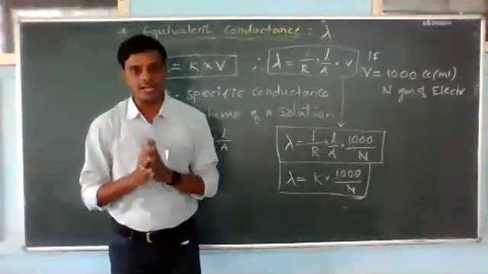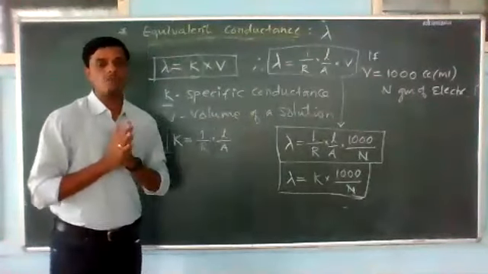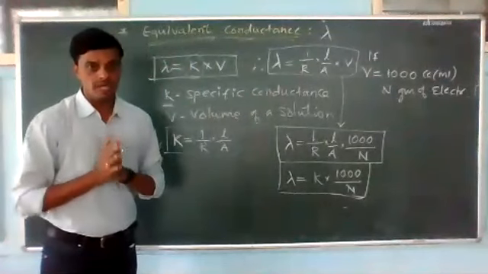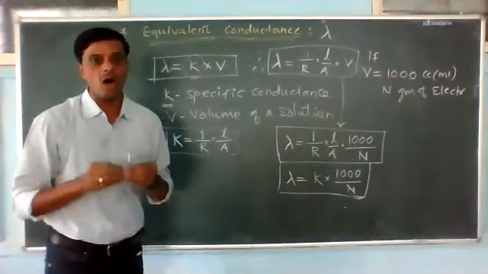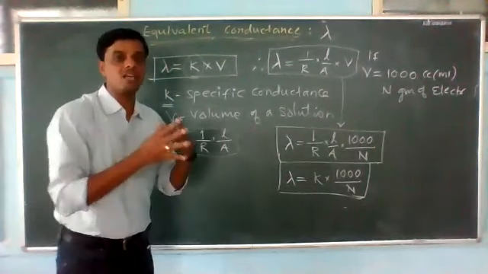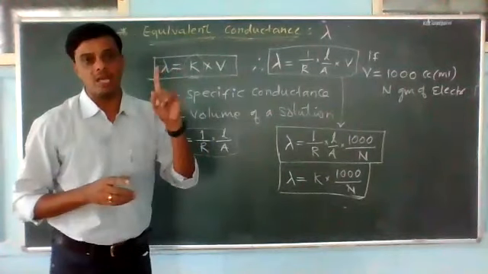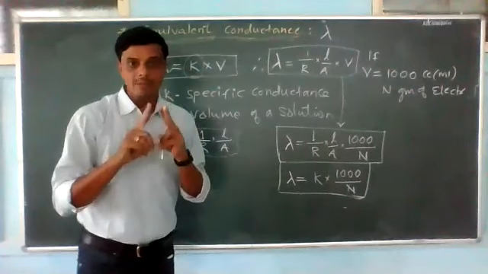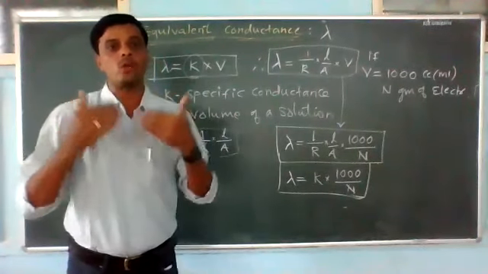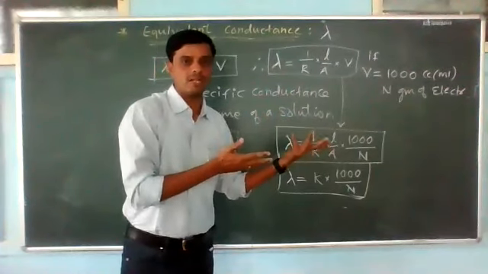Overall, once again I will repeat the definition. Equivalent conductance of an electrolytic solution is defined as the conducting power of all the ions present in a given volume of solution containing 1 gram equivalent of an electrolyte. What are electrolytes? I have already explained in the previous class.